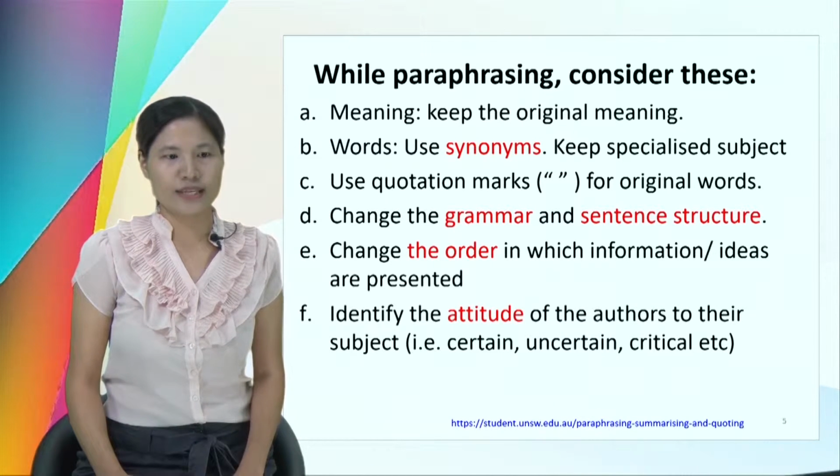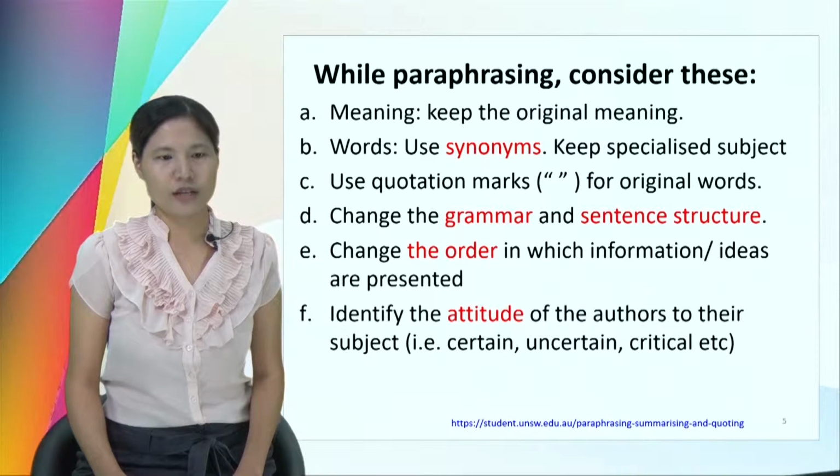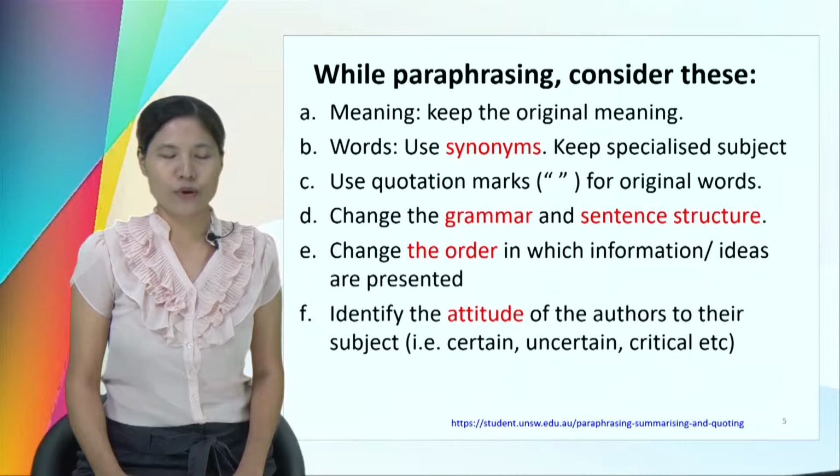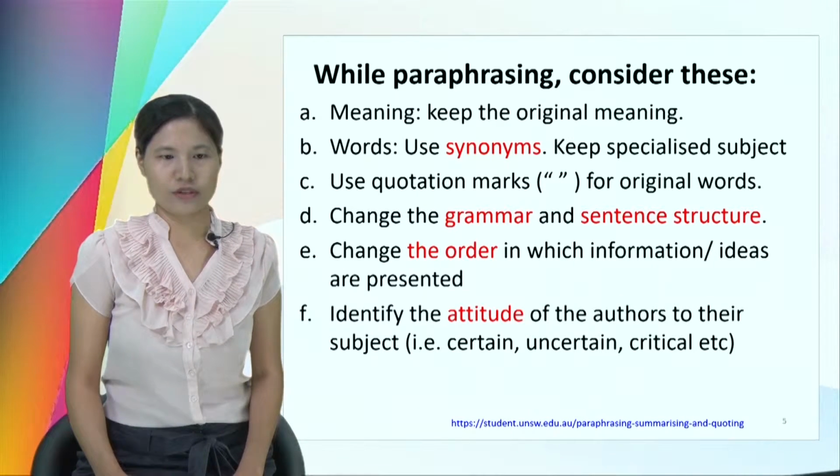And E, we can change the order in which the information or ideas are presented. And F, we can identify the attitude of the authors to their subject. This is also a very important point because we have to know the attitude, meaning the position of the author, to see if the author is certain, uncertain, critical, agree, or disagree, so that when we paraphrase, we can retain the original tone of the author.